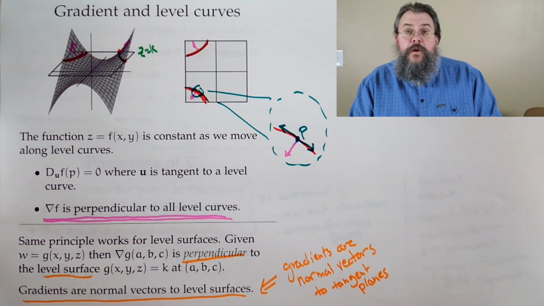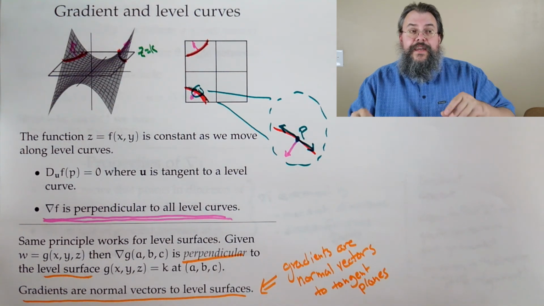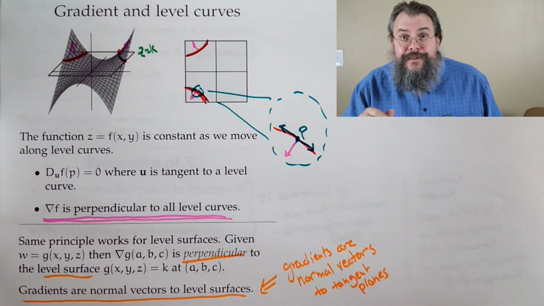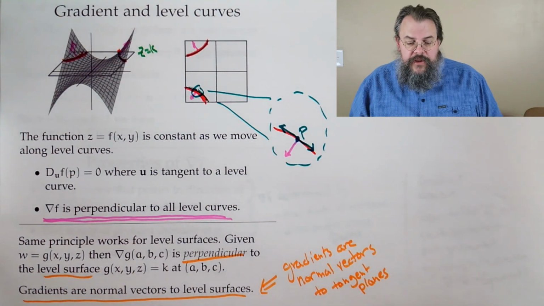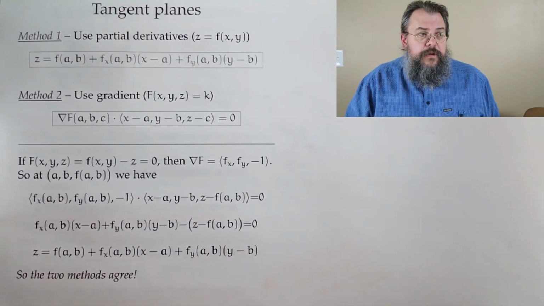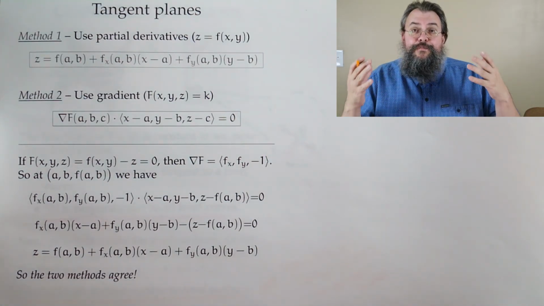Well, that really gives us a second option for finding tangent planes. So let's take a step back and do a quick review. How do we find tangent planes? We're going to have two methods. The first method says, suppose you have something of the form z is a function f of x, y. We find partial derivatives.